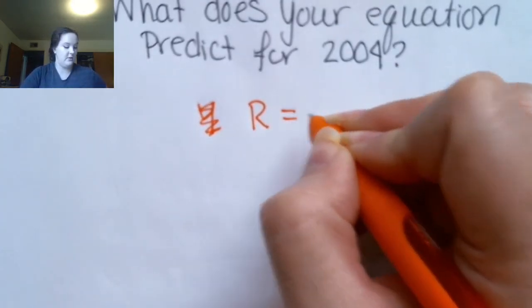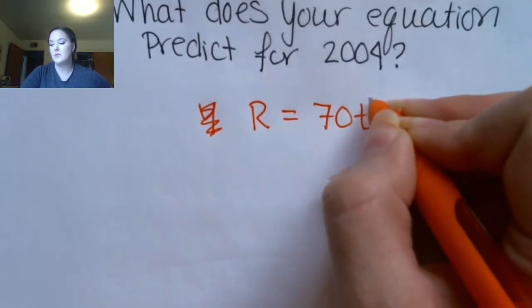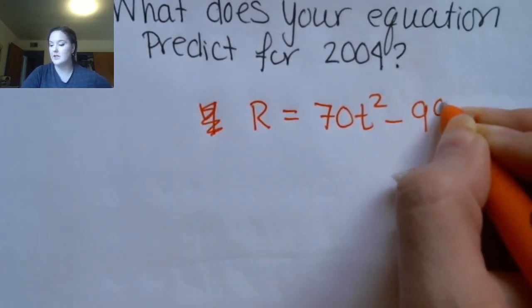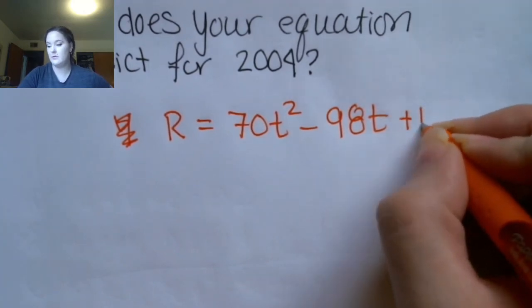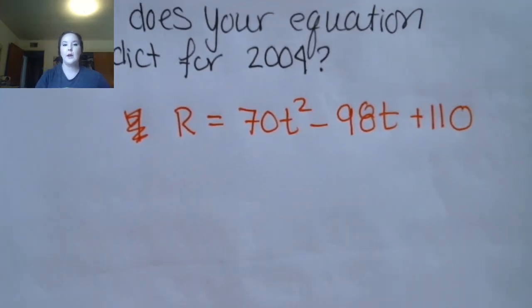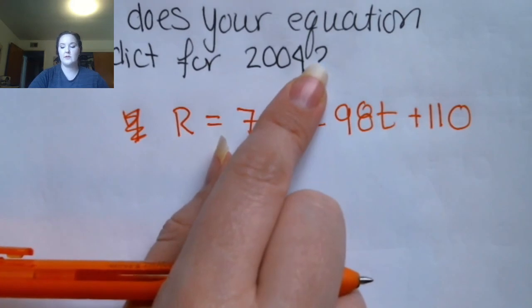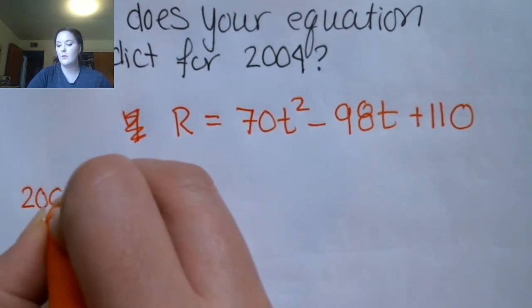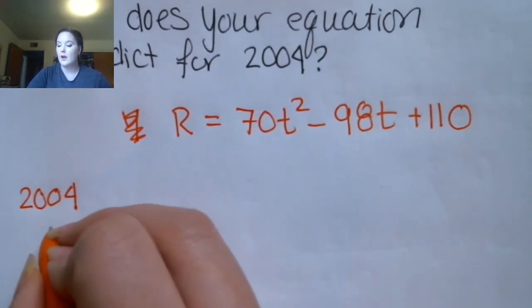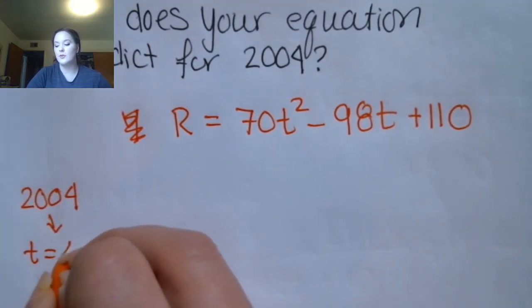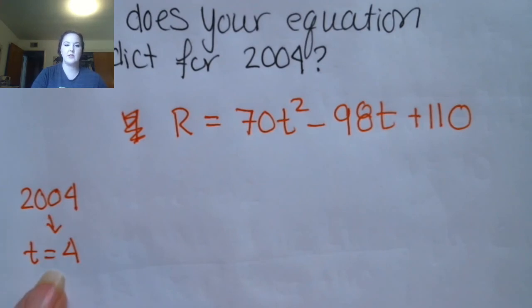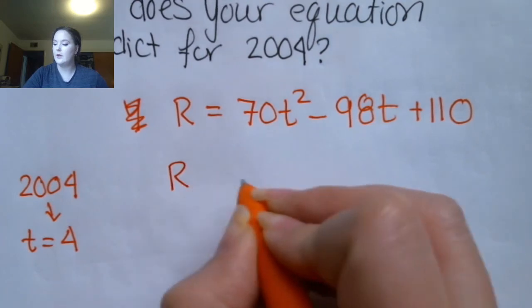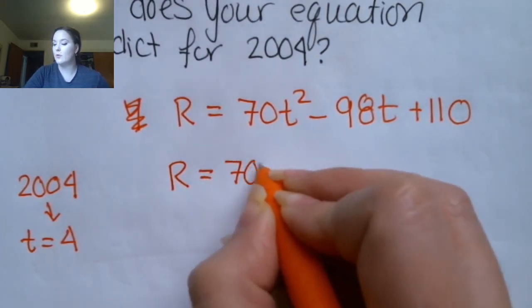I had 70t squared minus 98t, okay, plus 110. Okay, and I want to see what the prediction is for 2004. So in 2004, okay, I know that t is equal to 4, because remember, this is how many years since 2000. So in 2004, t is 4. Okay, so I'm going to plug in t equals 4.